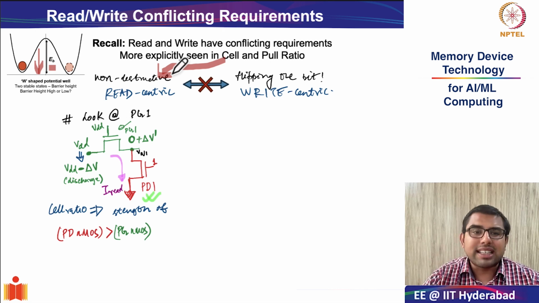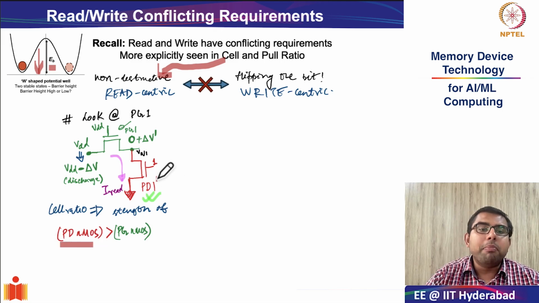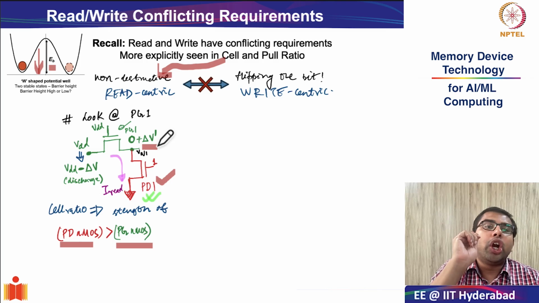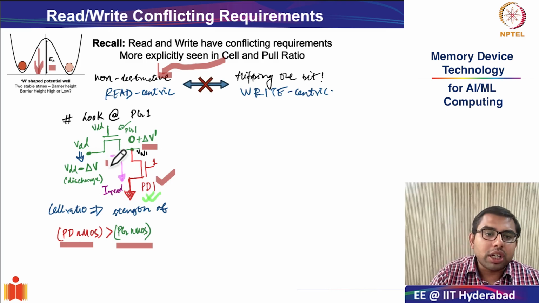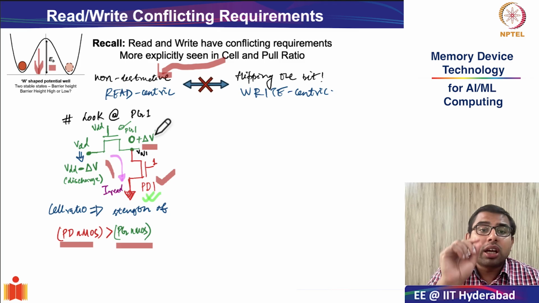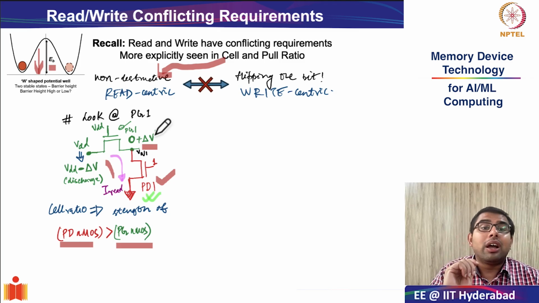I've explained it several times, so I will not repeat it again. By ensuring that the strength of the PD NMOS is much higher than that of the PG NMOS, you can ensure that delta V dash, or the disturbance during this read operation where a small I read current flows, can be minimized, and therefore this read will be non-destructive.